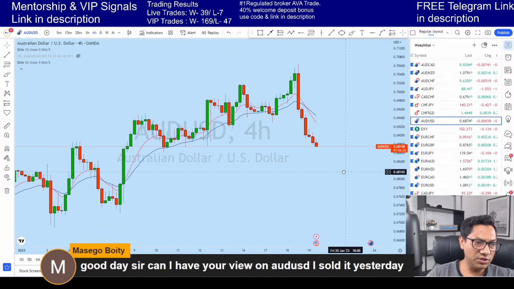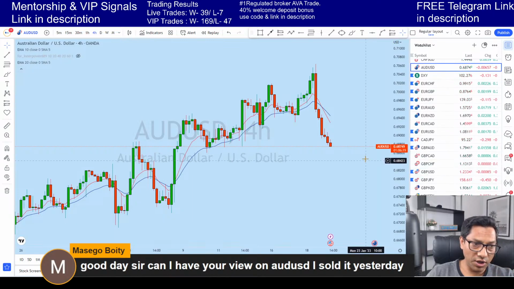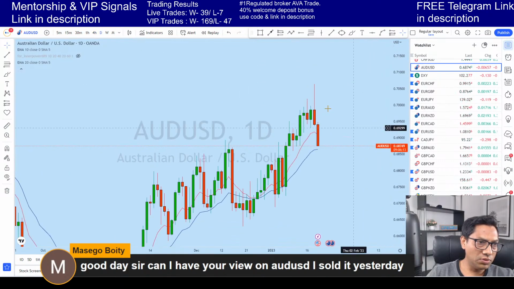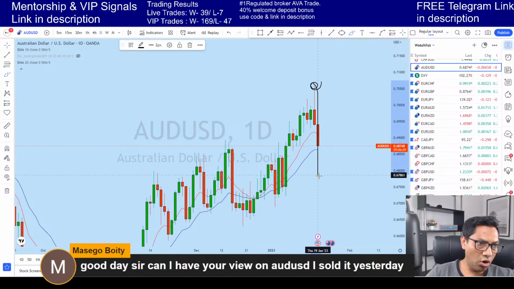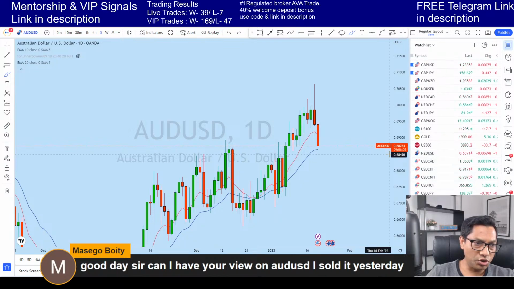You see that there is a strong breakdown with AUD USD, and especially AUD USD has a very strong downtrend, a very strong breakdown after this daily rejection from this top we have seen today. Continuously the price is pushing down.